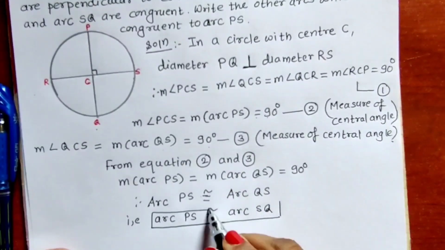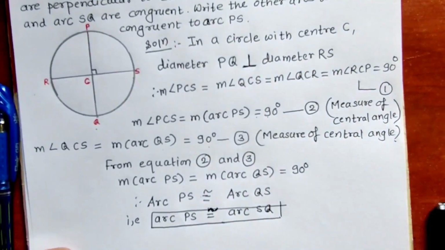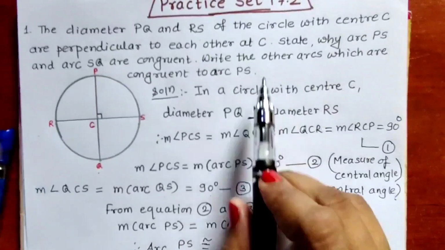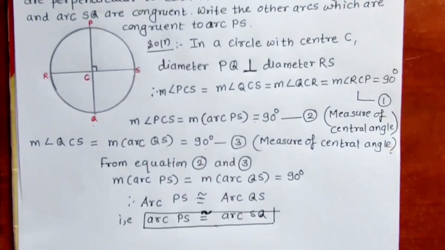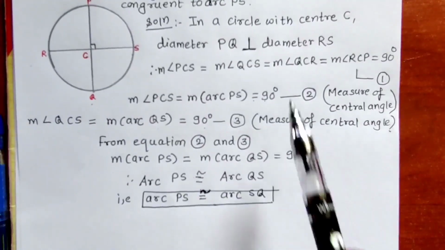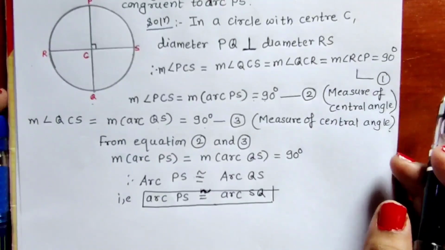Now we have to find out, okay, it should be congruent sign. Now we have to find out the other arcs which are congruent with arc PS. So which will be the other arcs? So from this statement QCR and RCP, we can write the names of other arcs also.